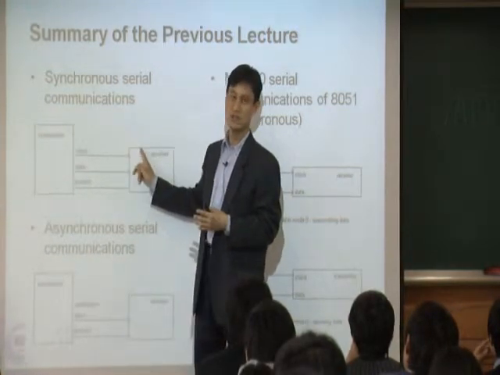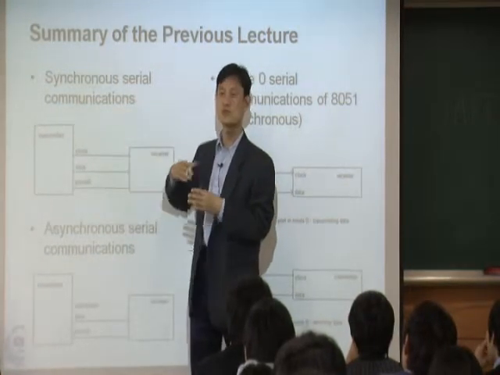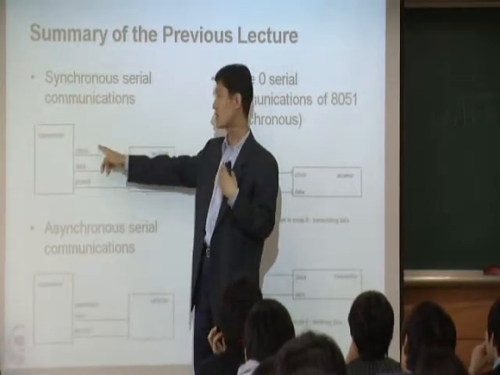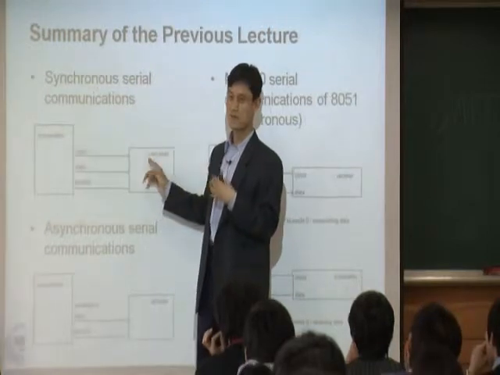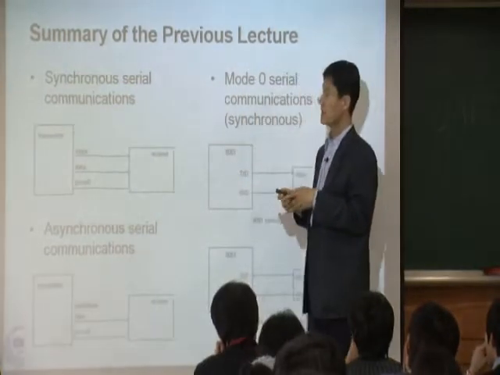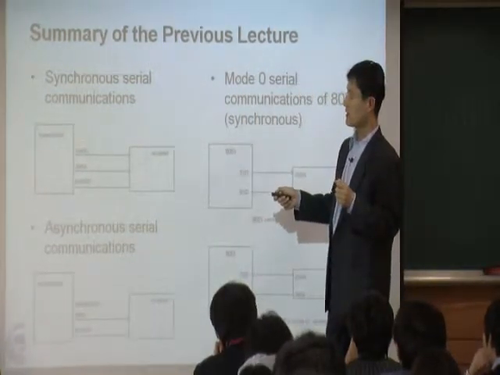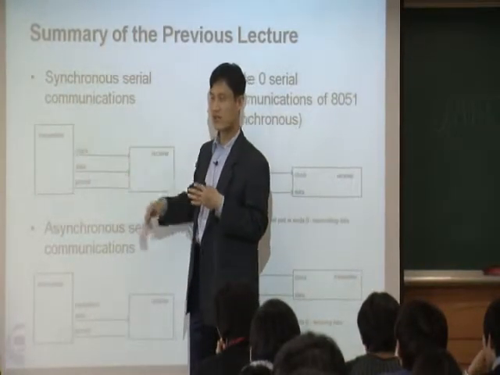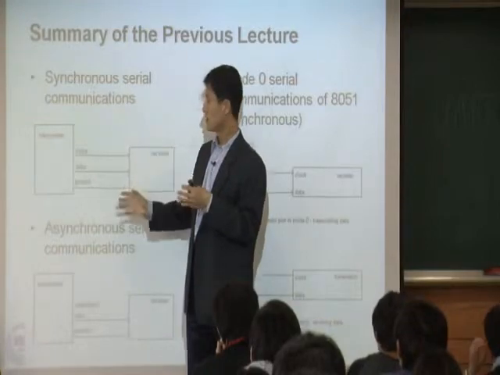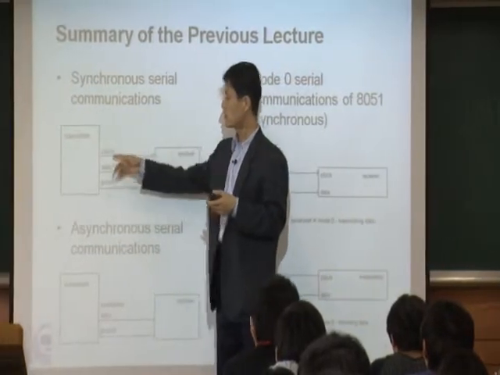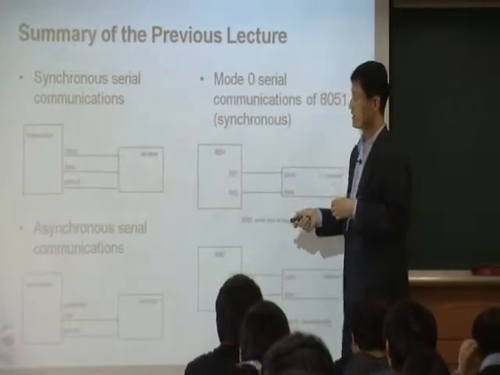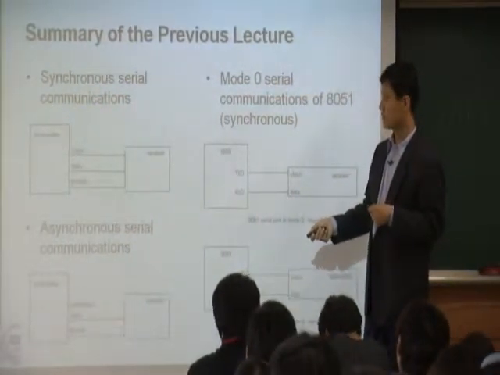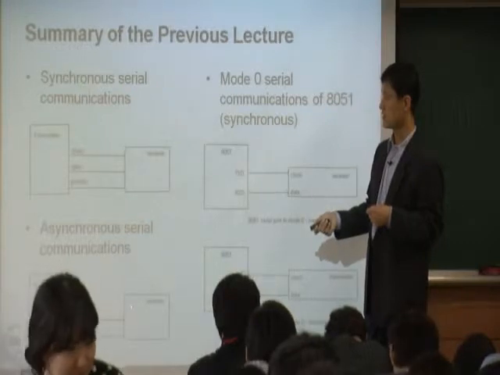It doesn't reach the receiver, because this is too long a distance. Certainly, this is a problem. And not only that, the clock is a rectangular pulse, which is not really good for transmission. So we have many problems delivering the clock. Therefore, it is more efficient and more cost-effective to use asynchronous serial communications.